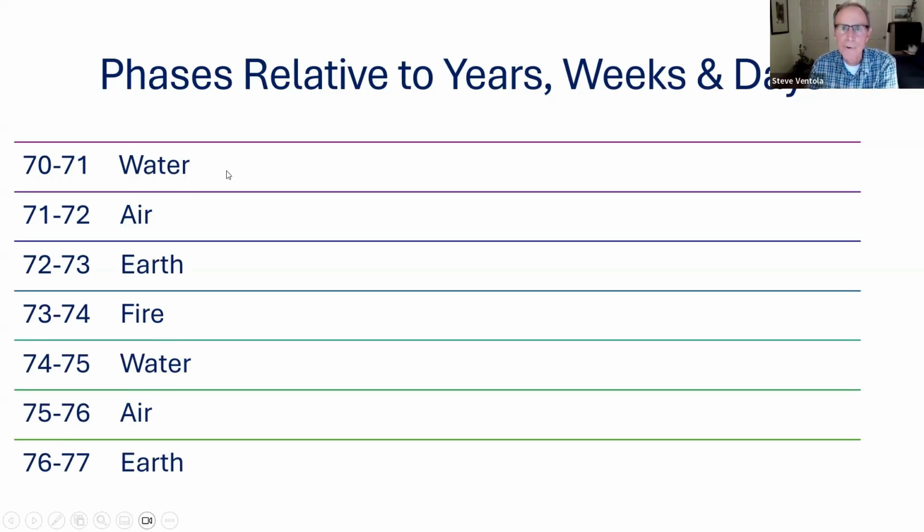Now, if we want to take it a little bit further in terms of weeks, you can think of Monday as being a water day. And if you notice on Monday, I look to keep a certain stillness during that day because things could be impactful there. And then air, you can say Tuesday. Sometimes Carol and myself call it Super Tuesdays, where a lot of things are conspiring in the air.